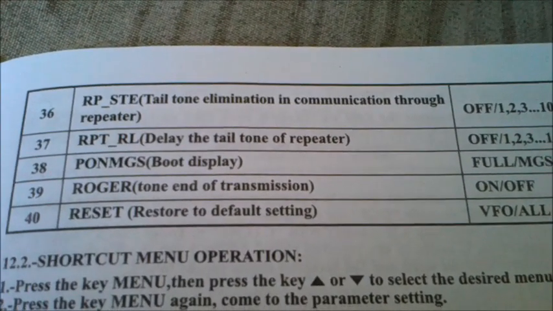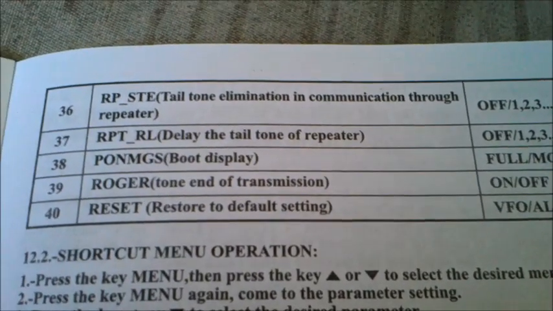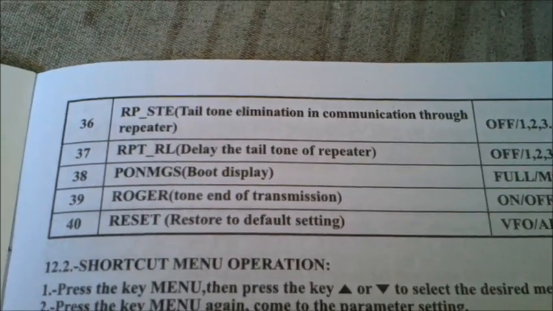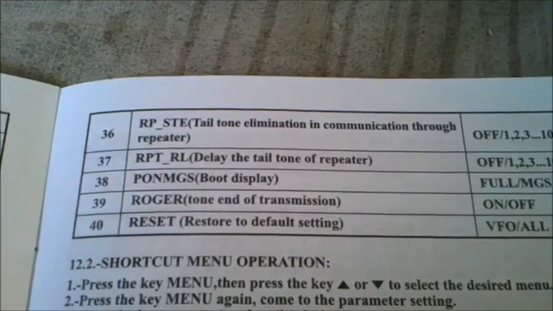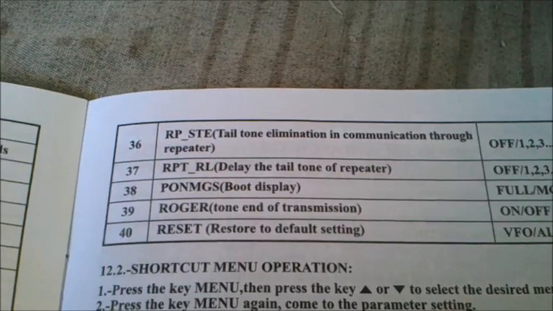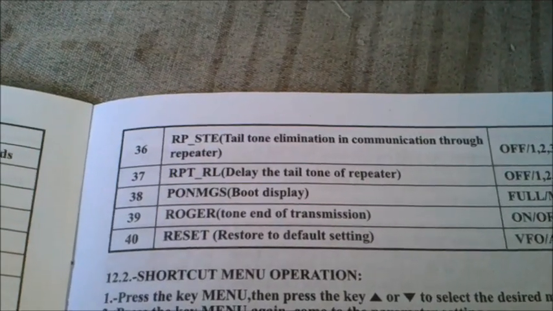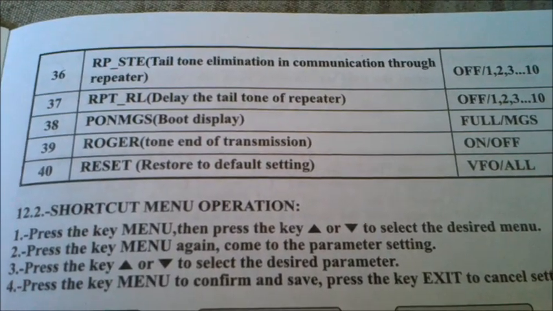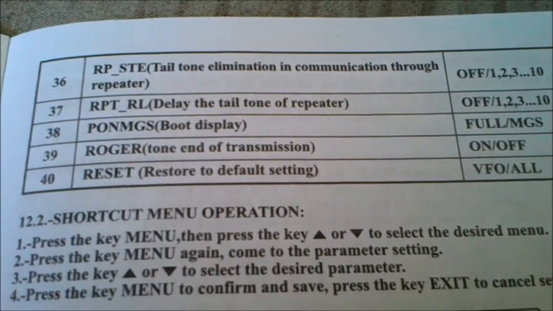But the Roger beep, menu number 31, is something that some of us find, I would say, annoying that it's transmitted. And if you're ever wishing to have a quiet conversation where you're in control of the volume between you and the recipient, you do not want the Roger beep on, as it will be an extra noise indicator of you being around.